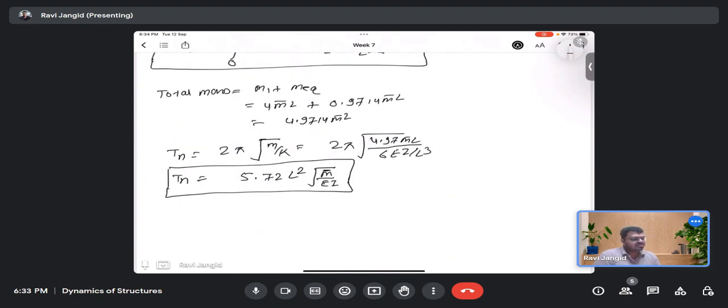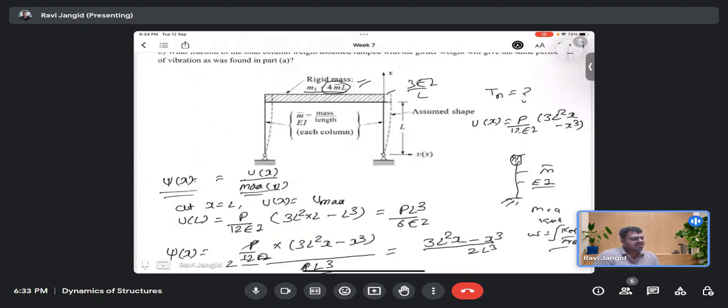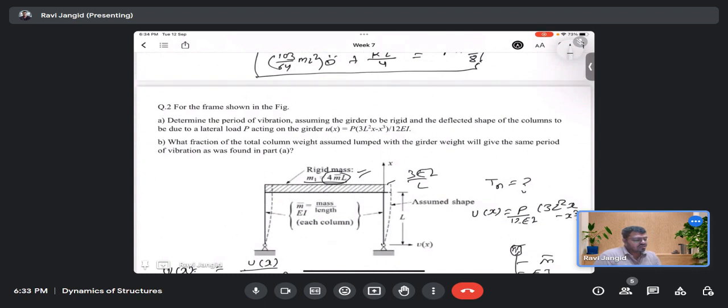So this is the Tn. In the second part, what do they ask? They ask what fraction of the total column weight, assumed lumped with the girder weight, will give the same period. So it is asking what fraction of the total weight.